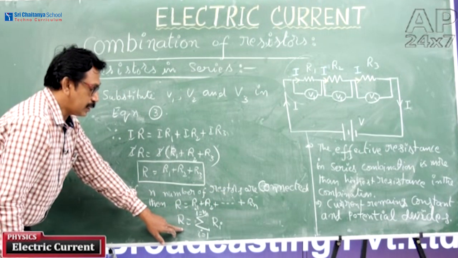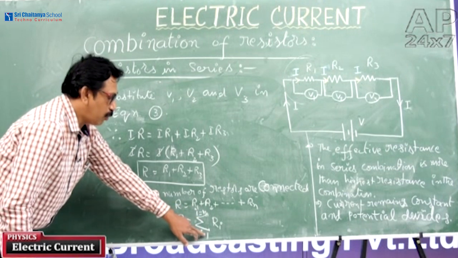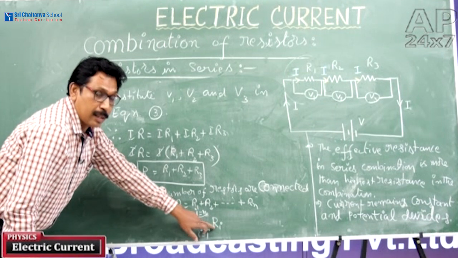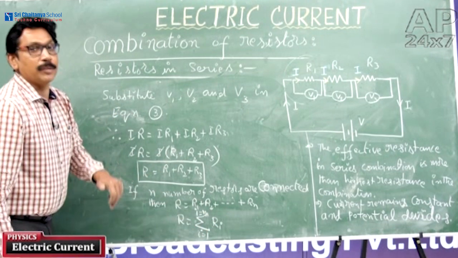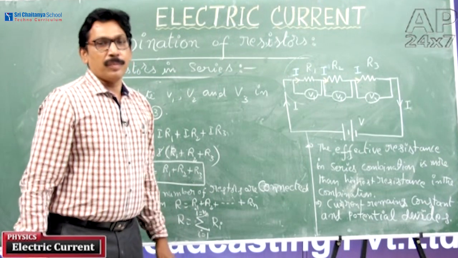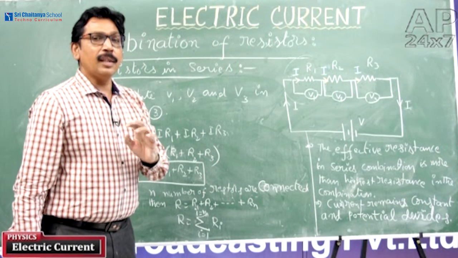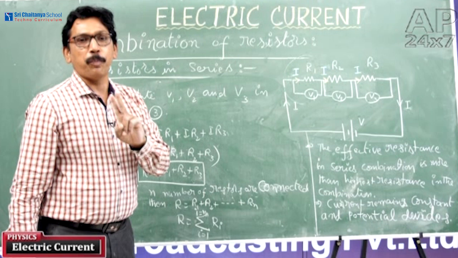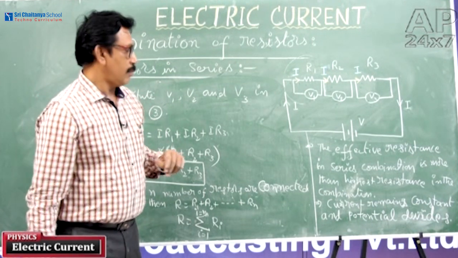Therefore I can write the effective resistance R is equal to sigma i equals 1 to n of Ri. The meaning of this is that the effective resistance is the algebraic sum of individual resistances. And here I will say two most important points in series combination of resistors.